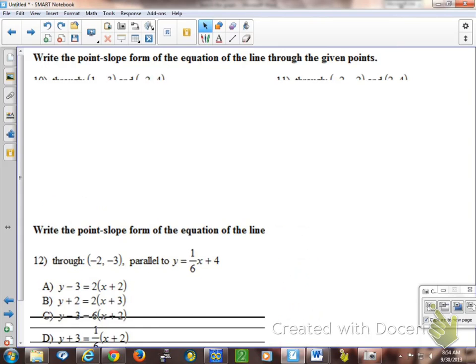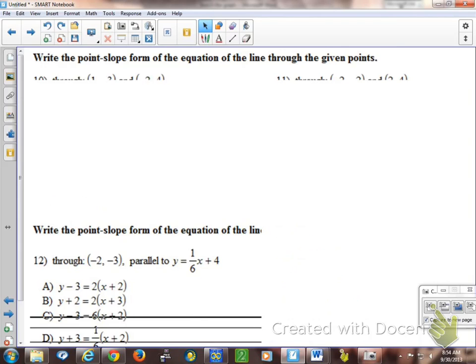Write the point slope form of the line. So kind of the same. I bet it said parallel or perpendicular right there, didn't it? Yeah. But it gives it to us in the problem. Number 12. Is it parallel or perpendicular? It's parallel. That's right. And if a line is parallel, Spencer, what does that mean about their slopes?